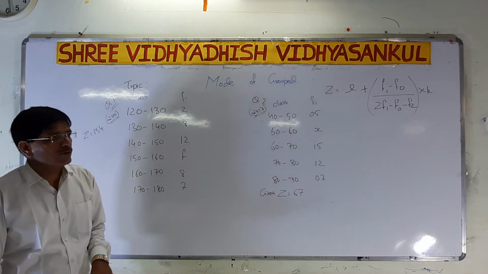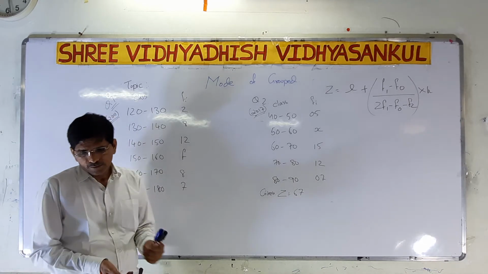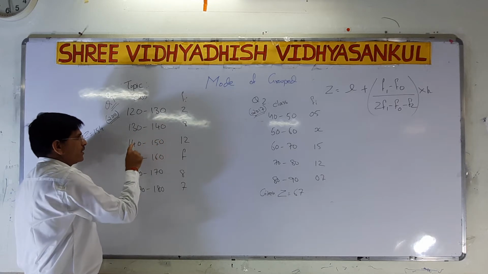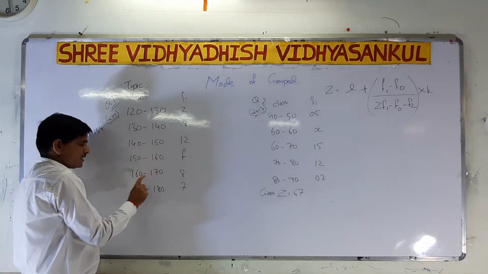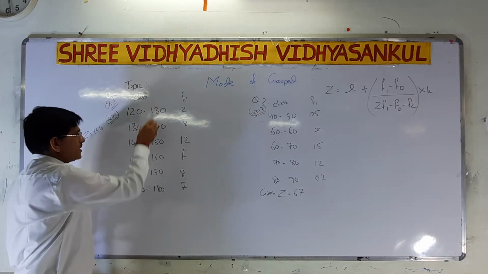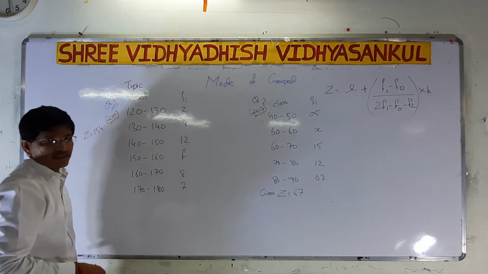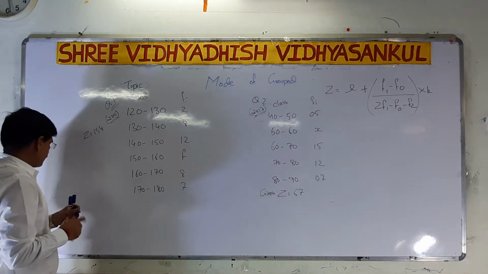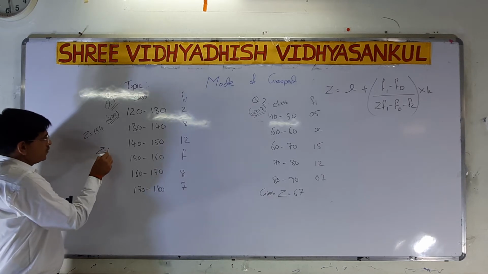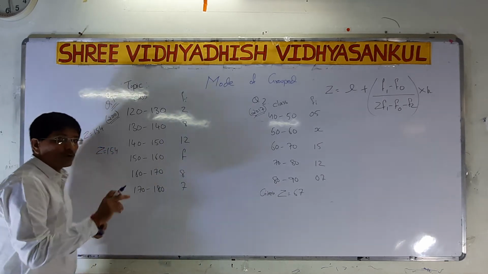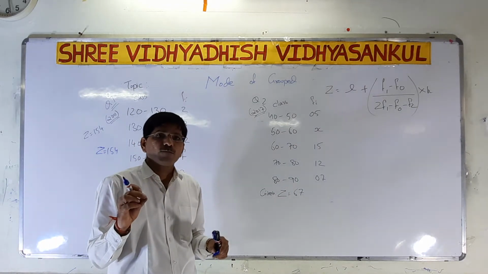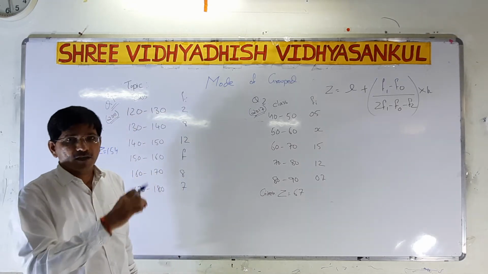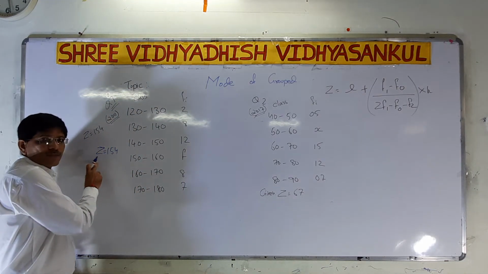First of all, the classes are 120 to 130, 130 to 140, 140 to 150, 150 to 160, 160 to 170, 170 to 180. The height is 10. The first step is that Z is given: Z is equal to 154. Normally the modal class has the maximum frequency, but here the mode is given as 154.